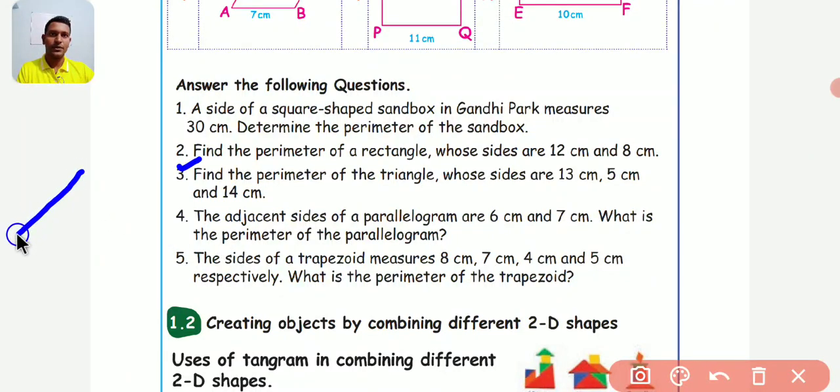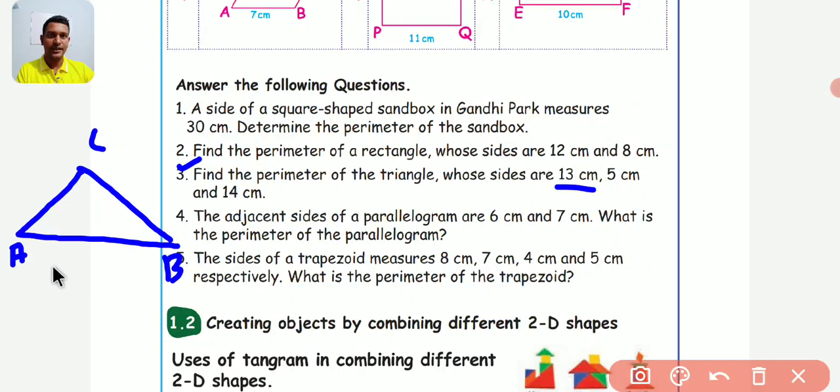Here I draw one triangle, in different lengths. I name it A, B and C, whose sides are 13 centimeter.